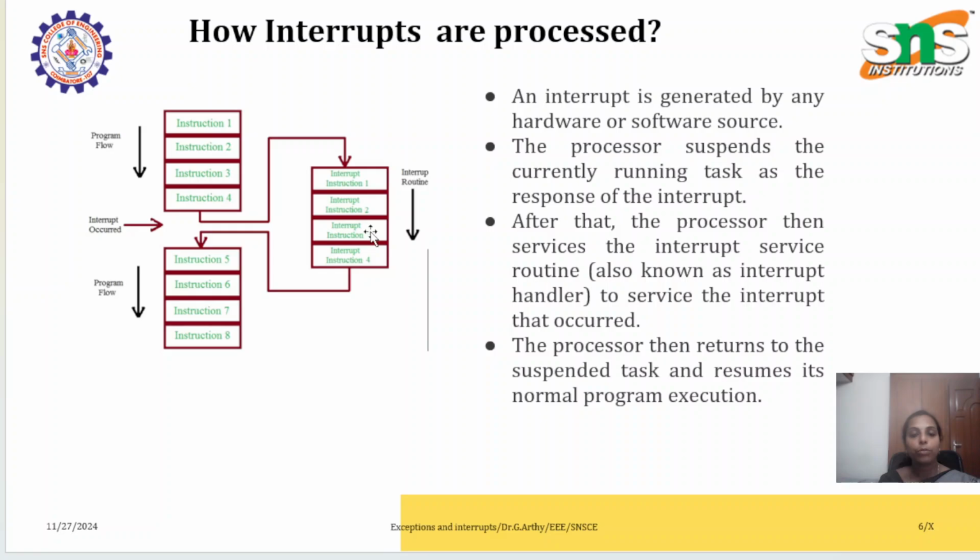Meanwhile, the address of the next instruction will be pushed into the stack. After execution of this code by the exception handler, it will return back to its original code and resume work.